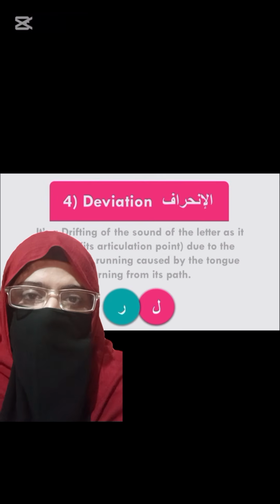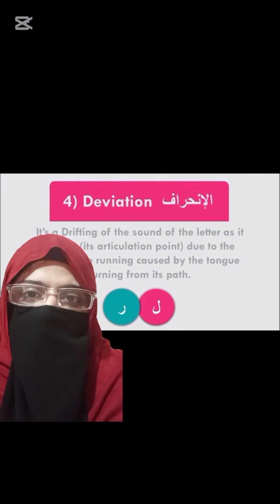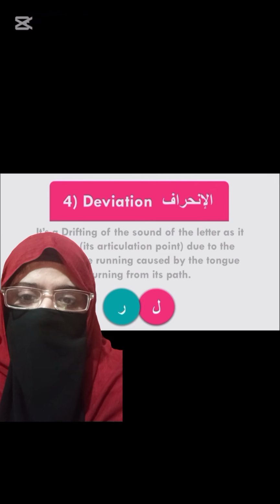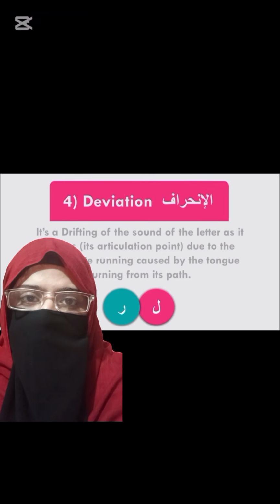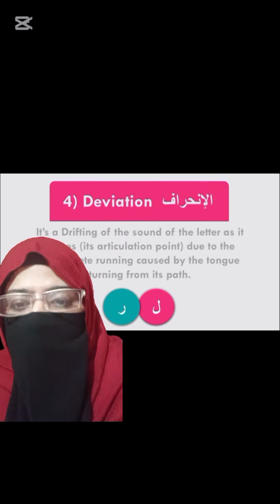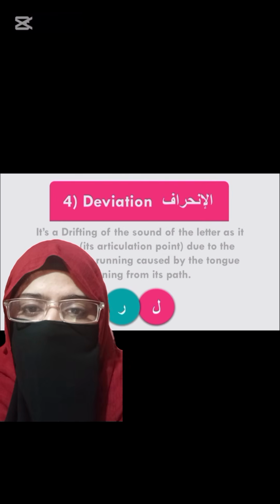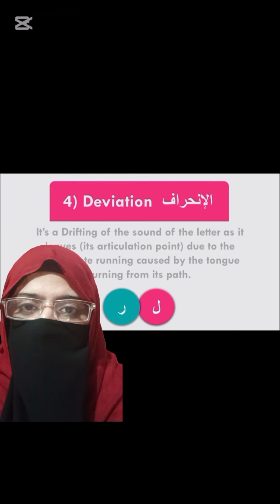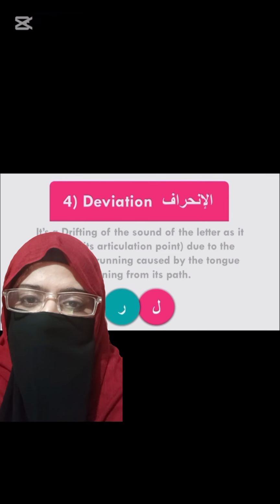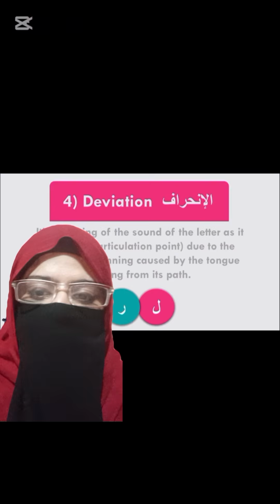There are only two letters that have the characteristic of inhiraf: lam and ra. In this lesson, we are going to learn about the sounds and the pronunciation of these two letters with their divisions.